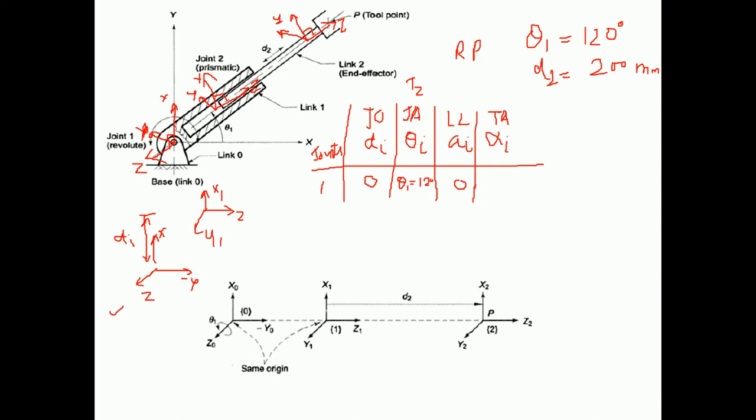And over here you can see the z axis is in this direction. So by doing a rotation about x axis in clockwise manner by 90 degree, this z axis is going to be parallel with this line. So this should be written as 90 degree. So these are the values for joint 1.